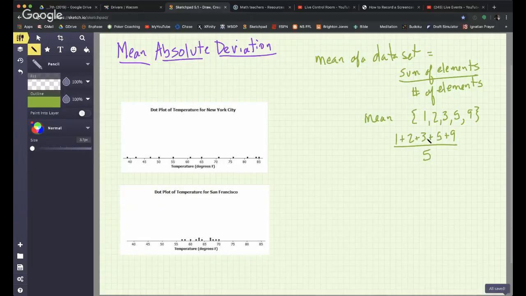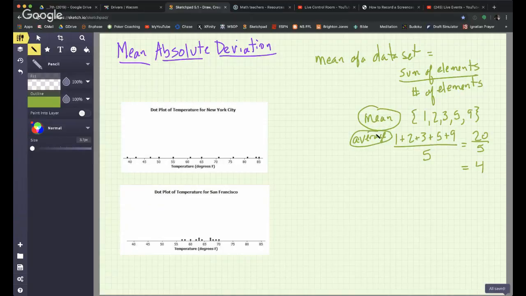So we get 1 plus 2 plus 3 is 6, plus 5 is 11, plus 9 is 20, divided by 5. So the average, or the mean, is 4. Another word for the mean is average.